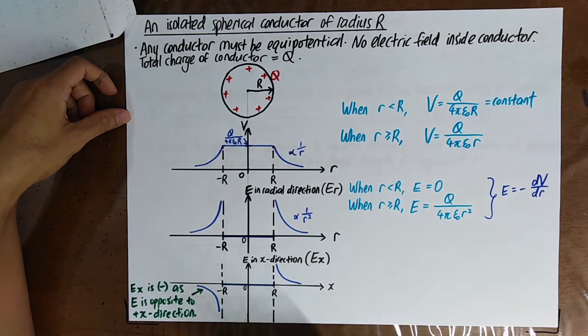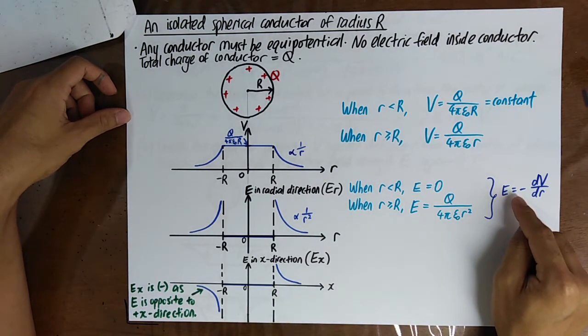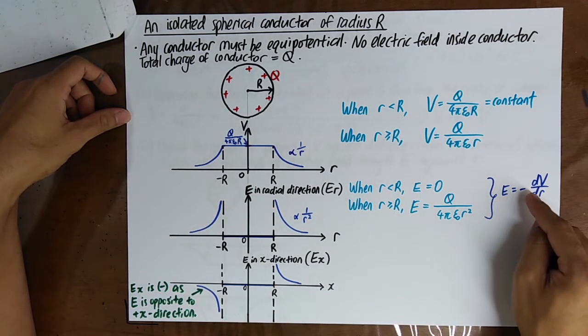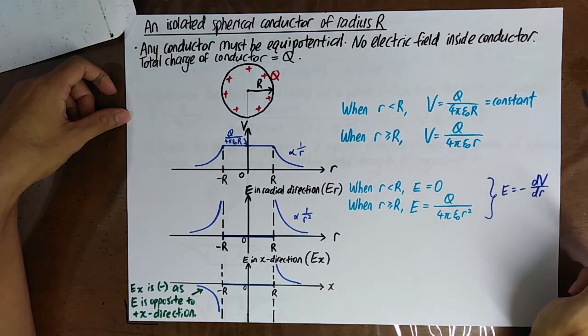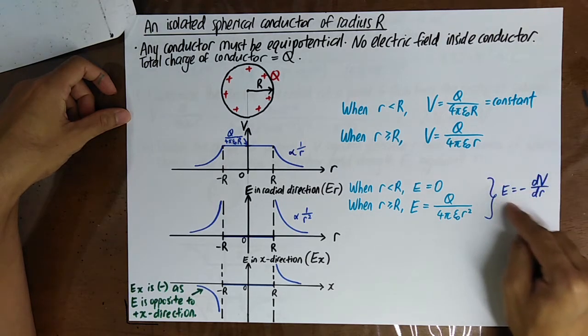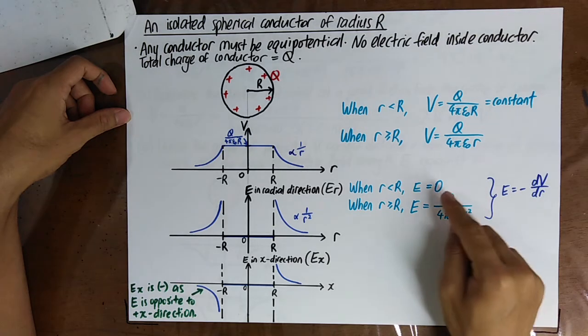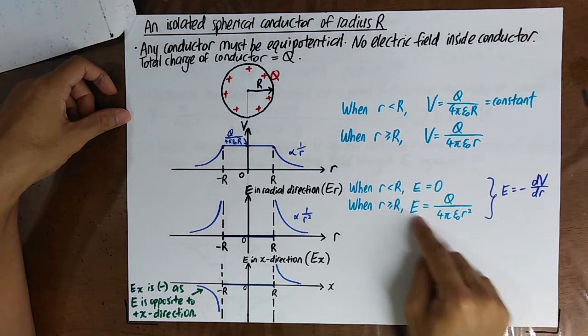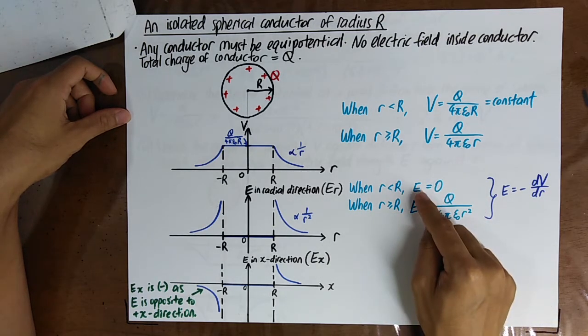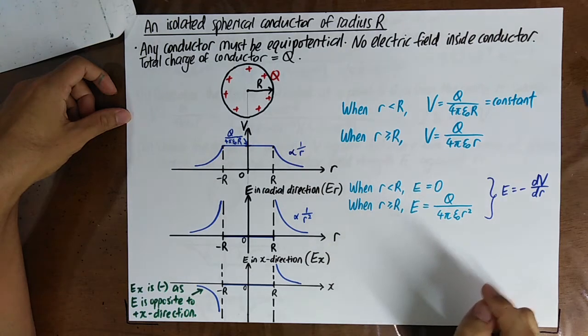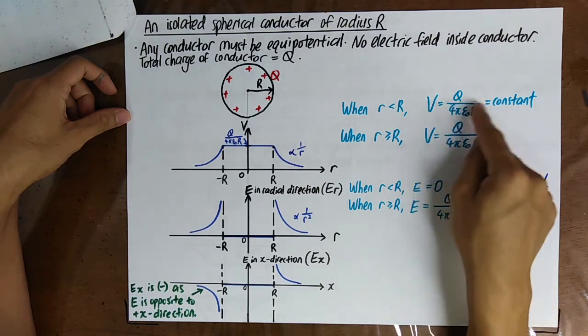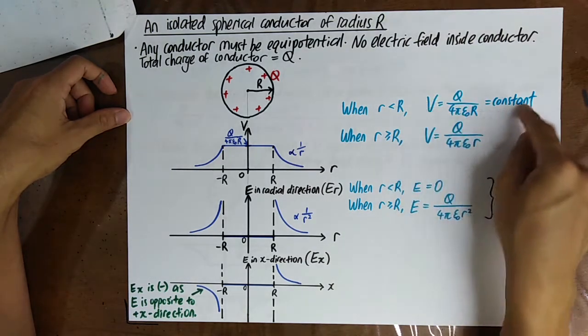Still remember the formula, electric field equals negative dV over dr. By using this formula, you can get these two expressions for the electric field. When you differentiate this, you know that this is a constant.